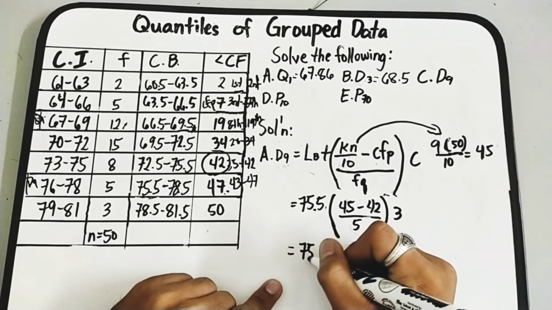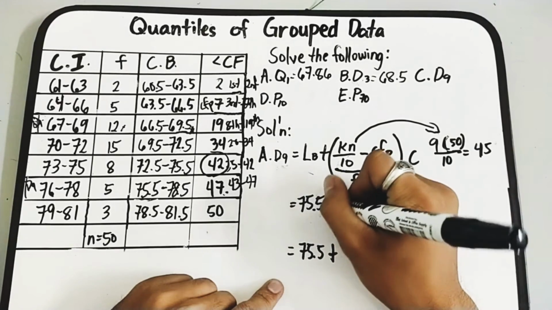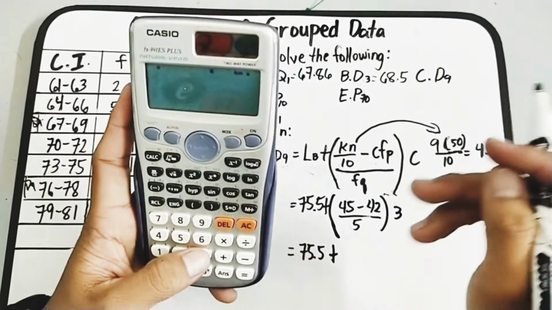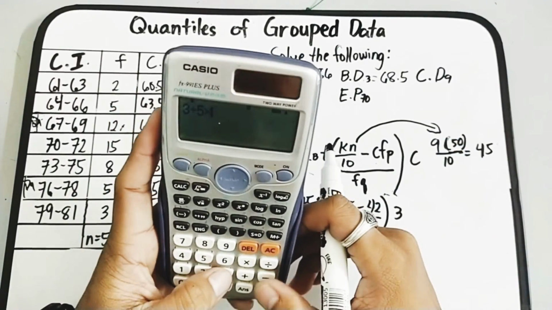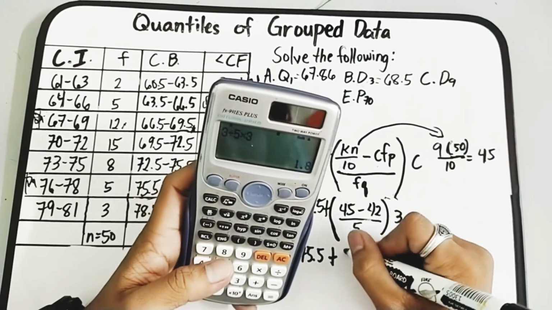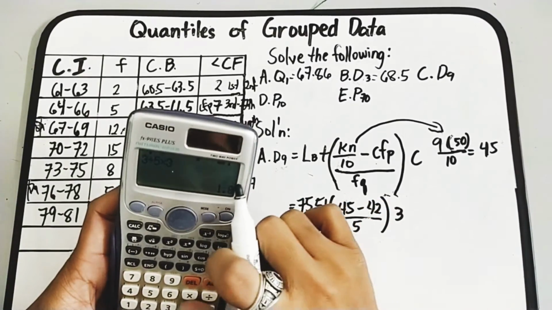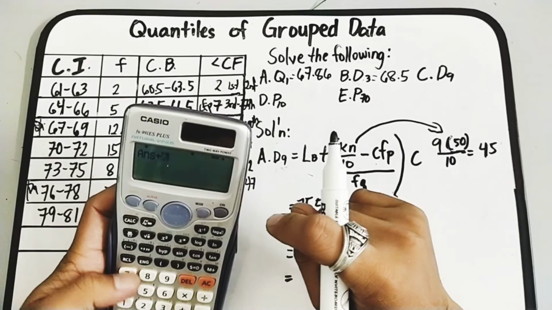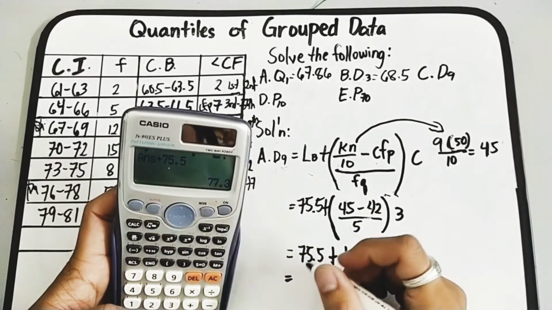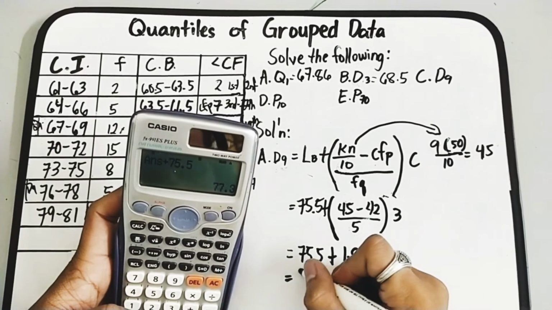Therefore, 75.5 plus, okay, 3 divide by 5 times 3, okay, you get an answer of 1.8. So, therefore, our decile 9 is equals to 77.3. Okay, 77.3.